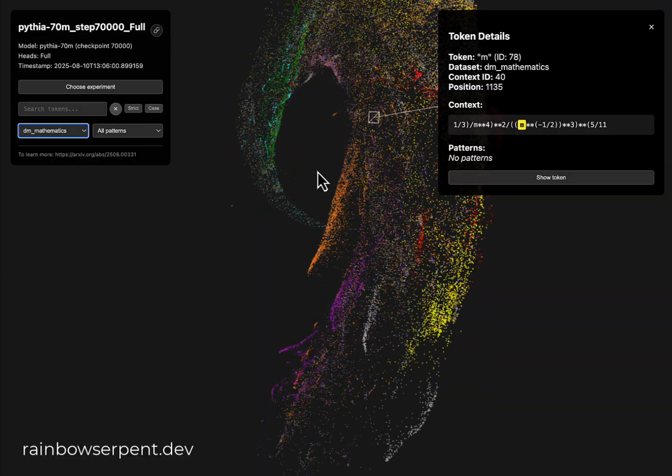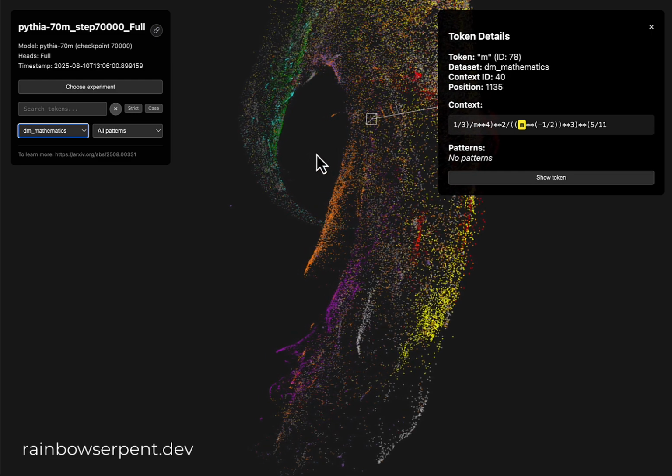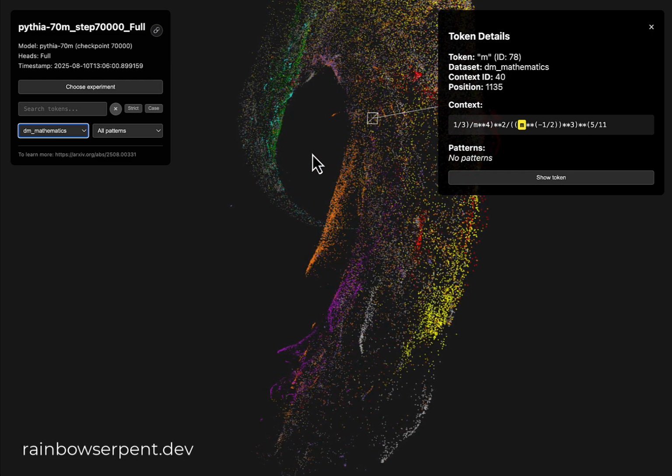70 million parameter model. When we see coherent streaks like this, what that means is that, modulo the intricacies of UMAP, there's some kind of coherent variation in the susceptibilities of the heads, which is pushing these tokens together and pushing them to the boundary of the UMAP, or even apparently outside of it.